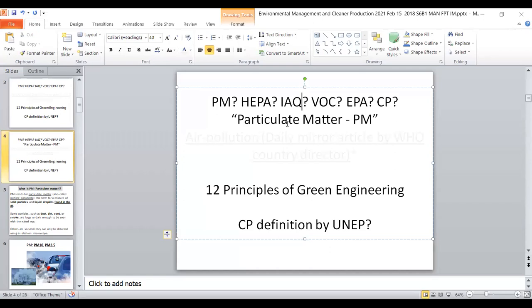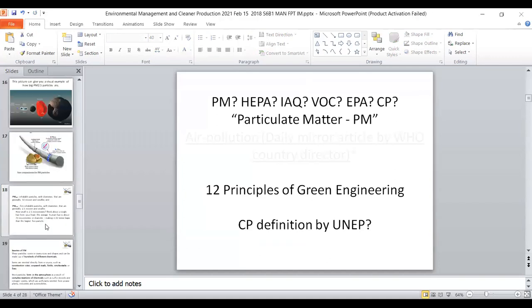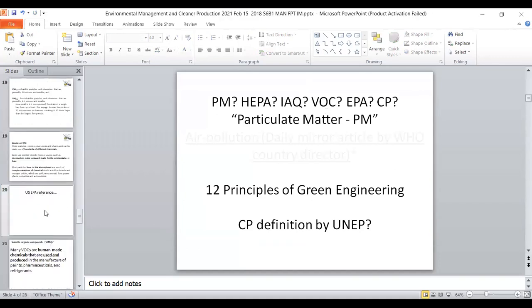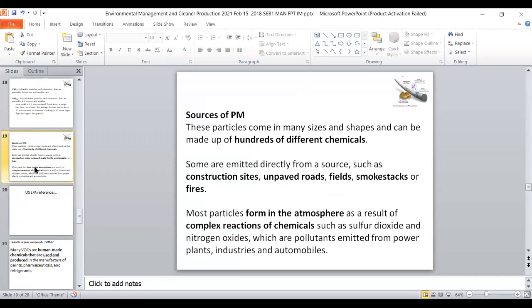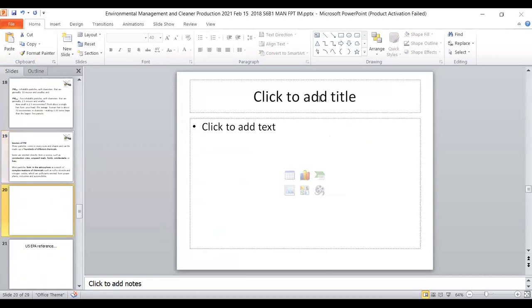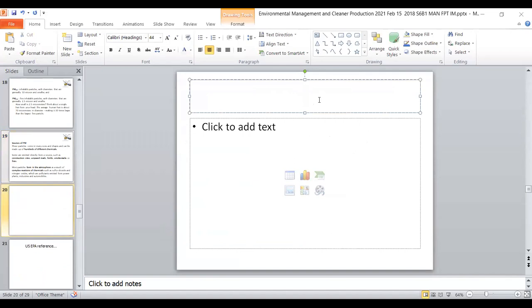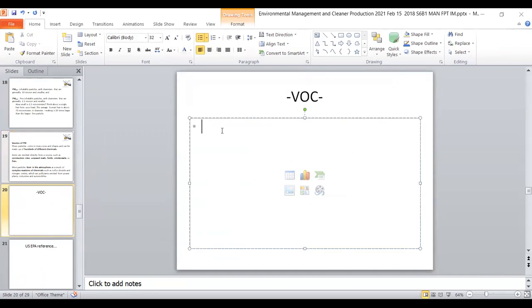Okay, and this VOC. Do you know VOC? I think you all know about the VOC. You see that VOC mark, VOC plates and all. Huh? VOC, not that.